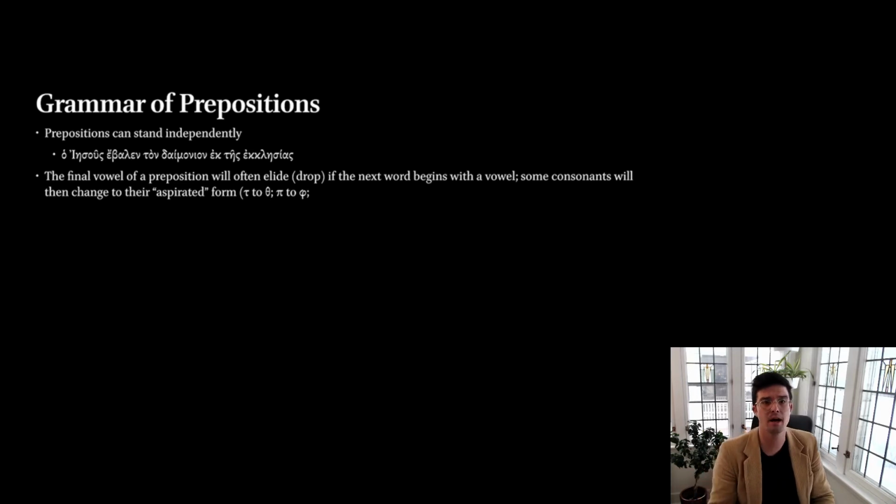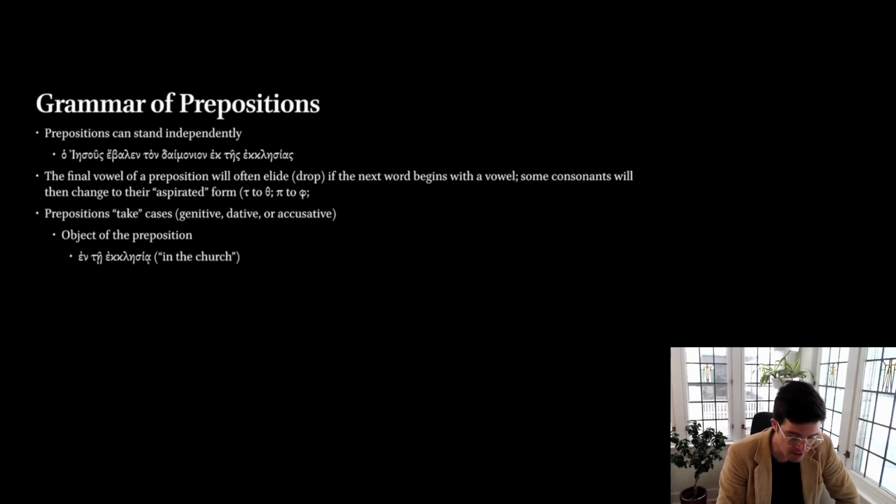So one more note about the form of prepositions before we talk about what will come after a preposition. The final vowel of a preposition will often elide or drop out if the next word begins with a vowel. So you'll see the last vowel of a preposition drop out, and sometimes the consonant of that preposition, when the vowel has dropped out, will change.